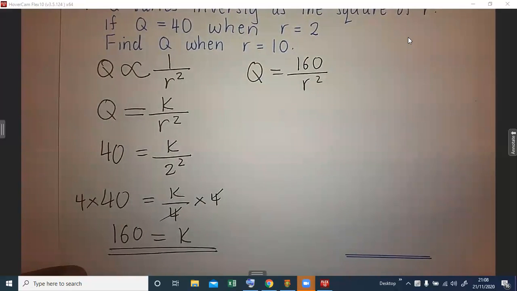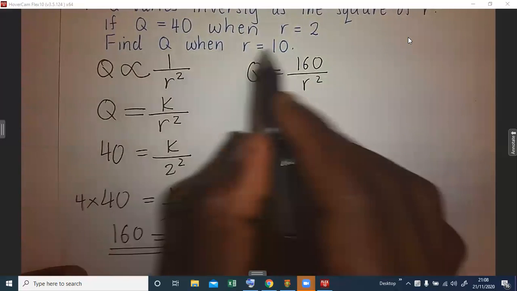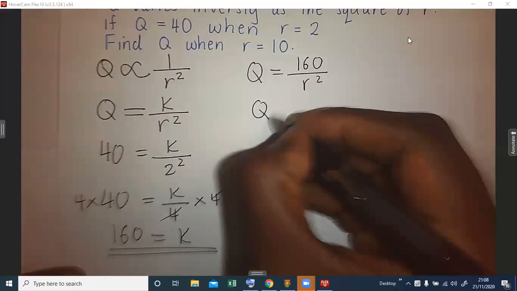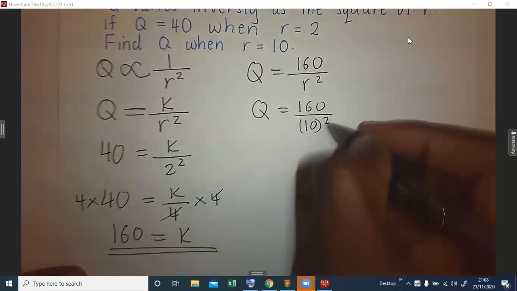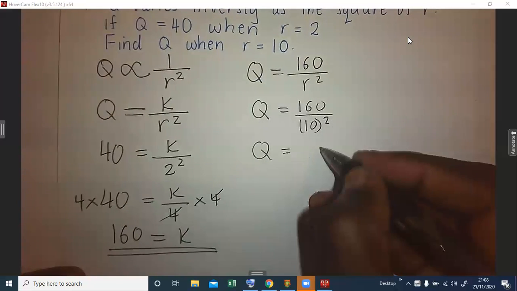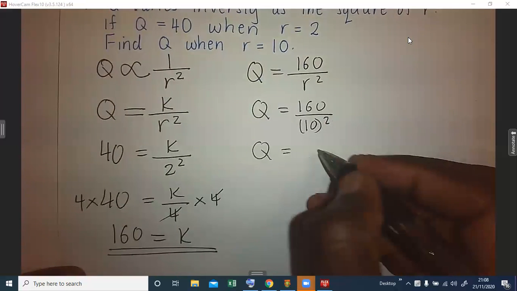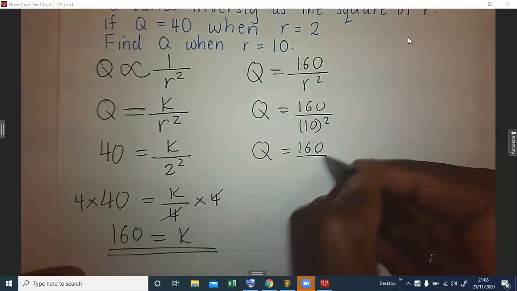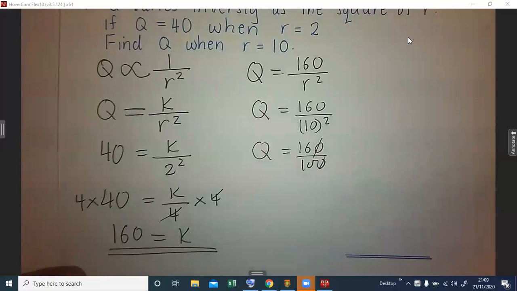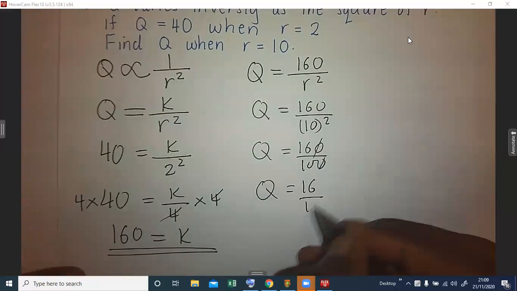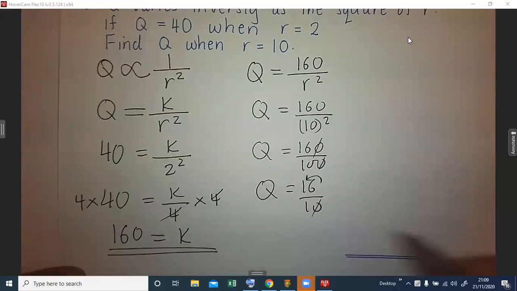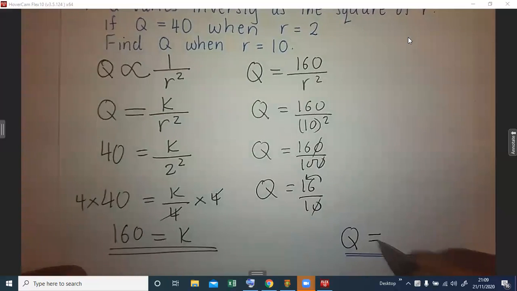Now the question says, find Q when R is 10. So when R is 10, remember, the equation is R squared. So we square 10 and we get 100. So when I have 160 over 100, remove the 0, and I get my Q is 1.6.